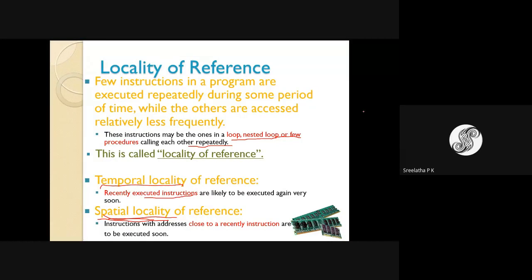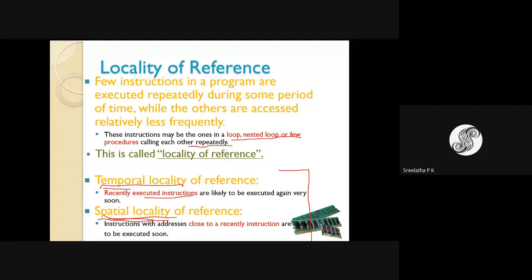Okay, once again. These are the two ways in which the decision is taken about what type of data has to be stored in cache. It can be temporal locality or spatial locality of reference.